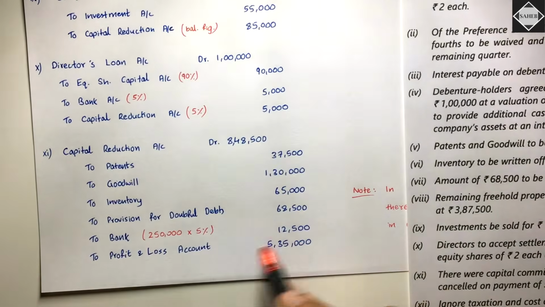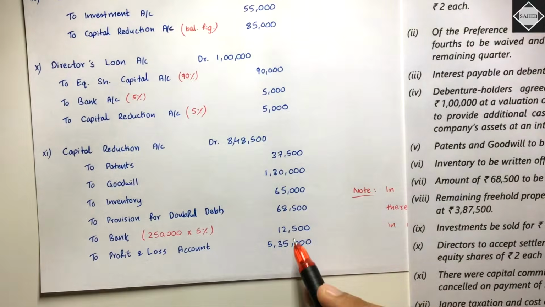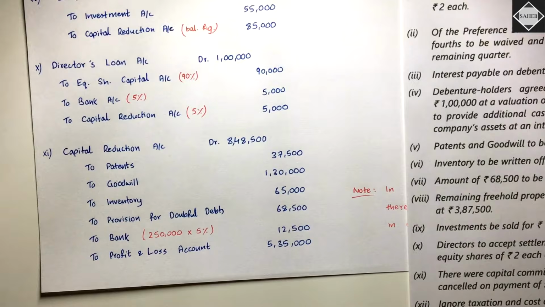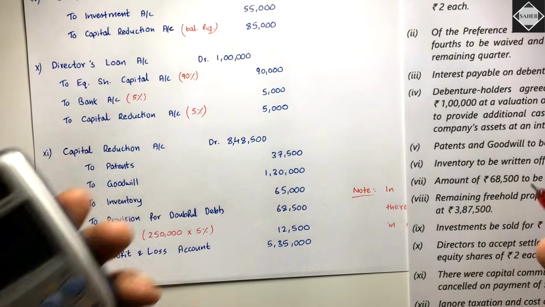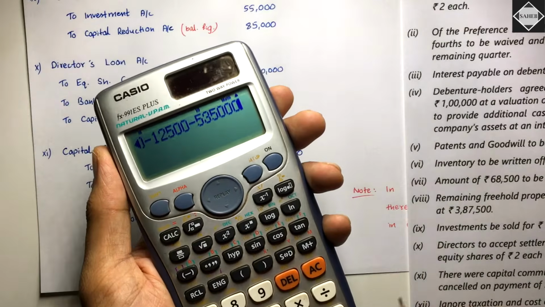And then for this payment 12,500, that's also a loss, right? And then to write off this profit and loss balance, the debit balance, which is a loss, minus 5,35,000.